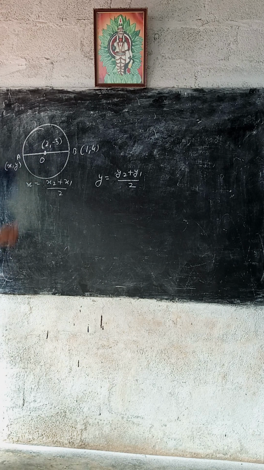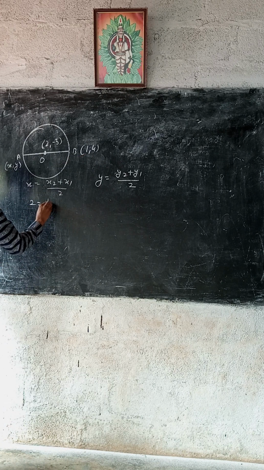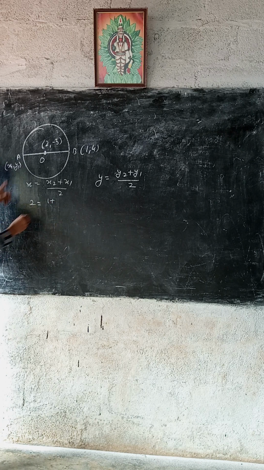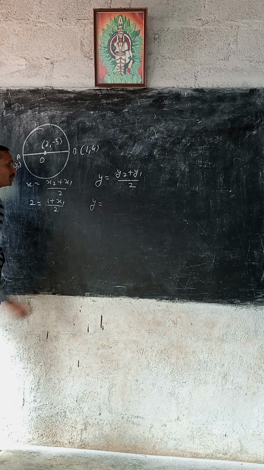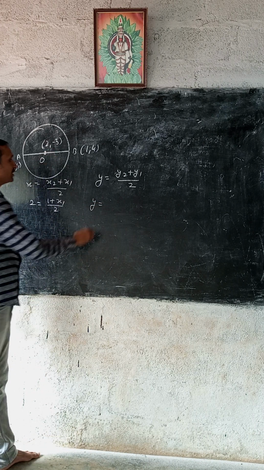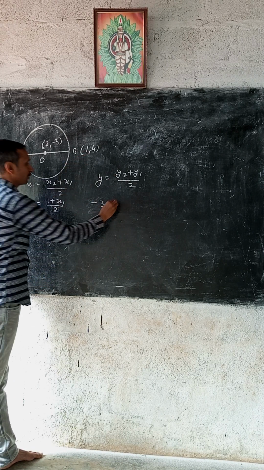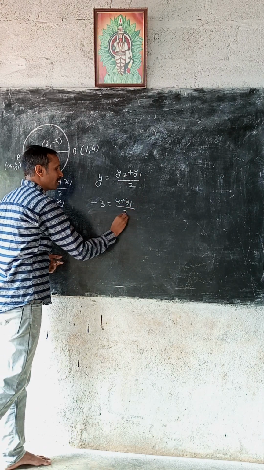The x of the midpoint is 2, so 2 is equal to (1 plus x1) by 2. Suppose this is x1, y1. And for y, minus 3 is equal to (4 plus y1) by 2.